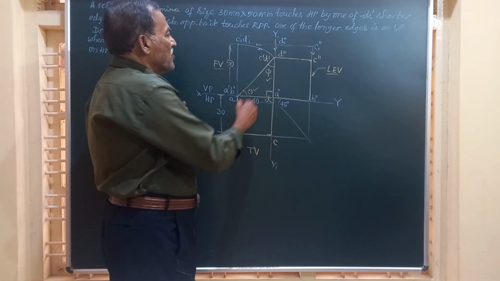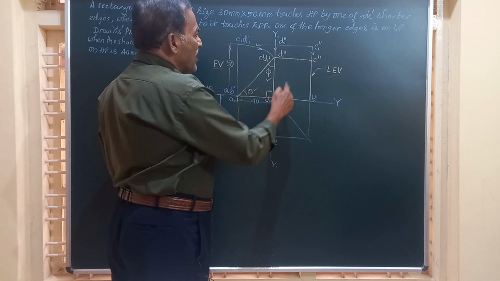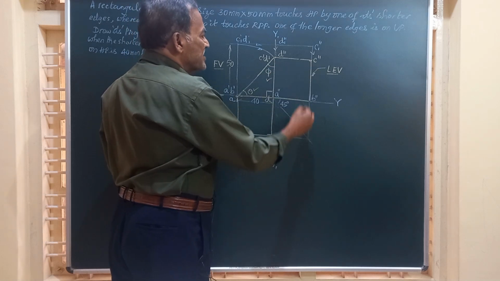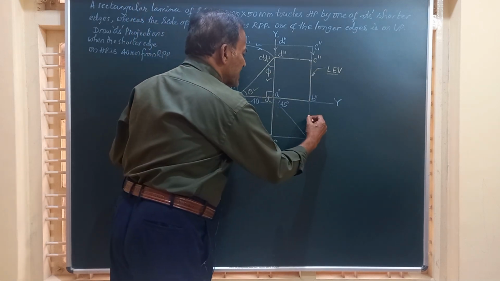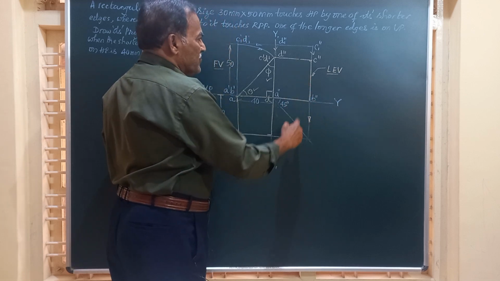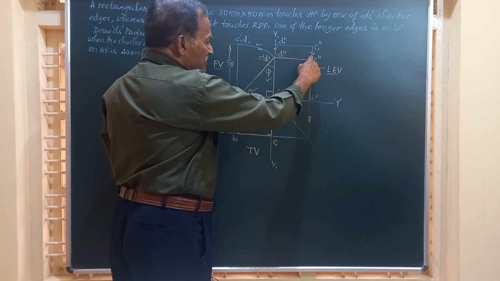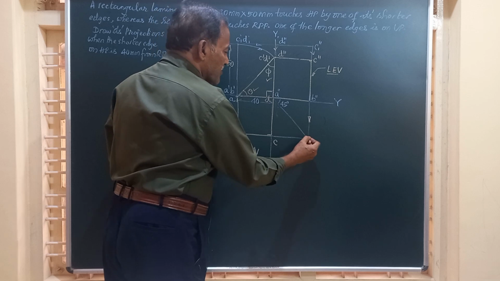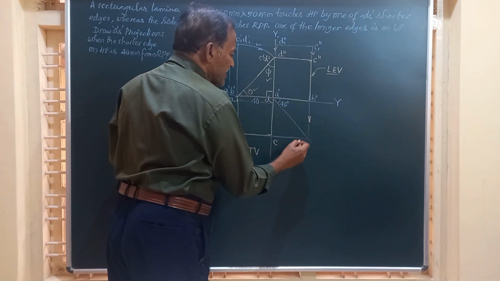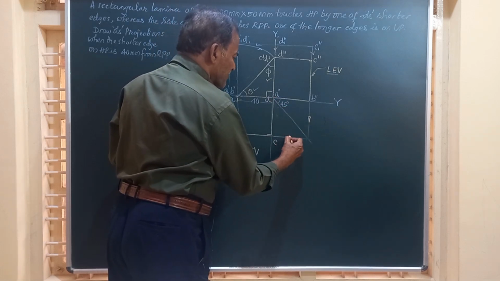Friends, after we have got the front view and the left hand view, it is very easy to obtain the final top view. So I draw a line from here, from B and C. It will meet the 45-degree line here. Then draw a horizontal from there.